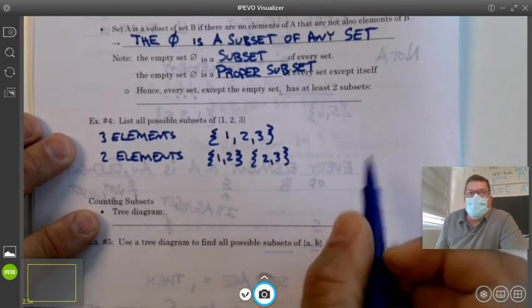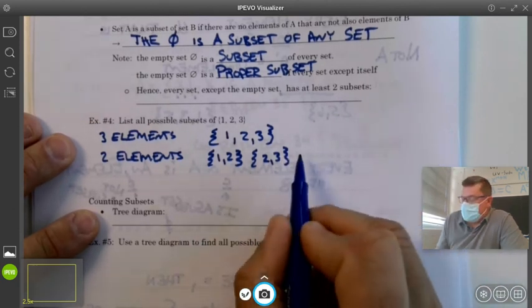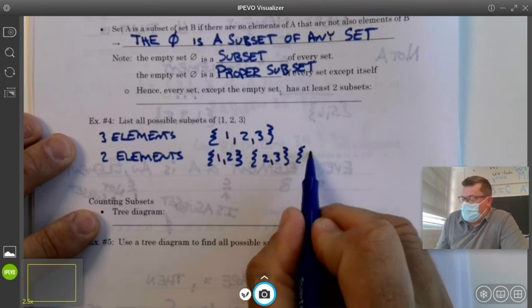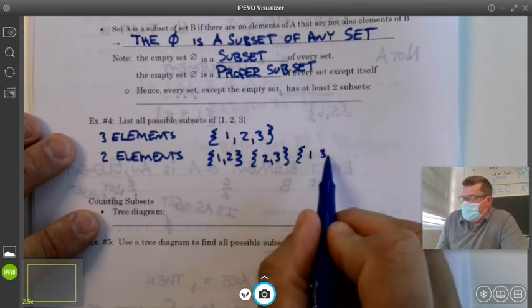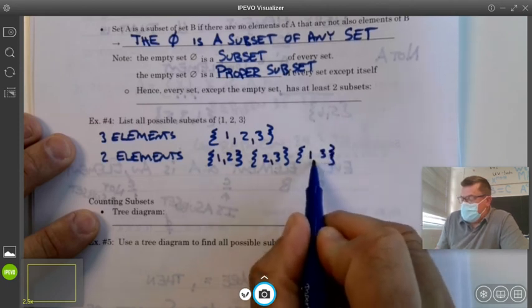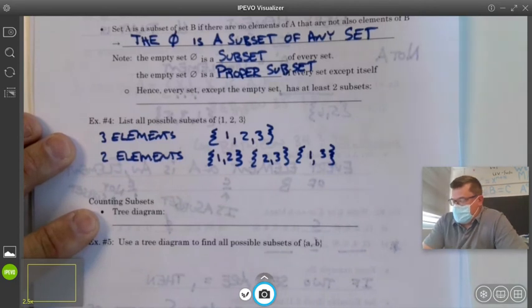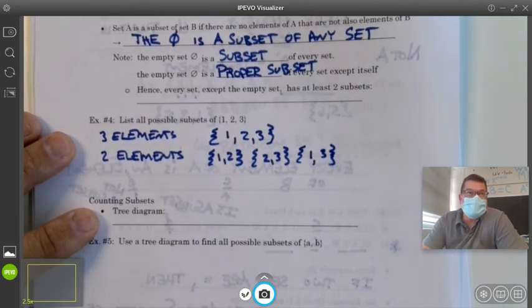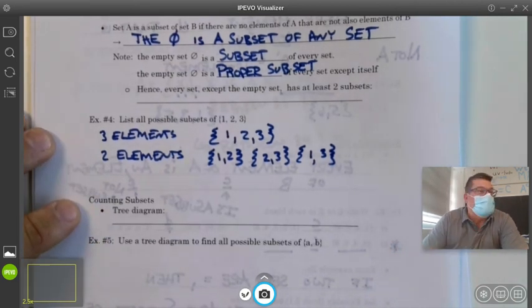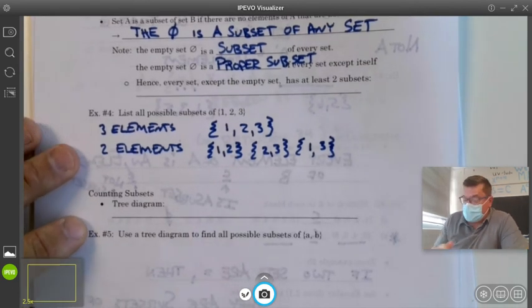Are there any more? What's another one, Allison? 1, 3. Are there any more? 1, 2; 1, 3; 2, 3. And if you rearrange the order, you're just talking about them again, so no others that won't be repeats.